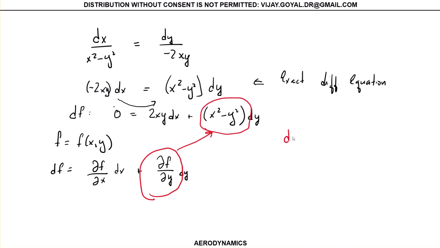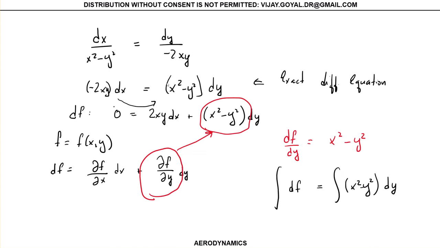So from here, partial f partial y will be x squared minus y squared, and then I could integrate on both sides. The integral of df will be the integral of x squared minus y squared dy.